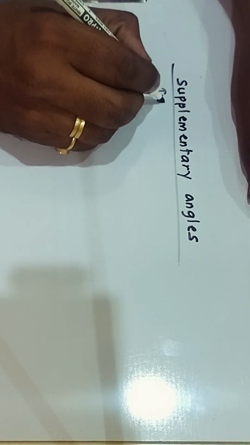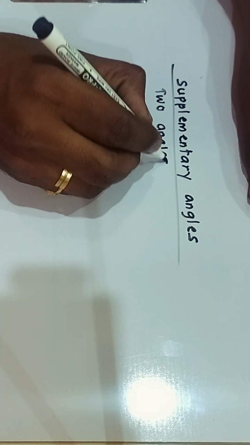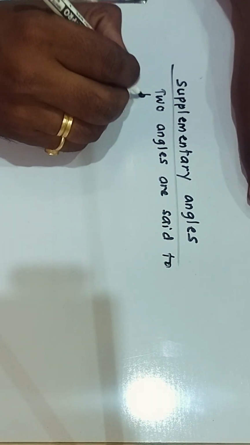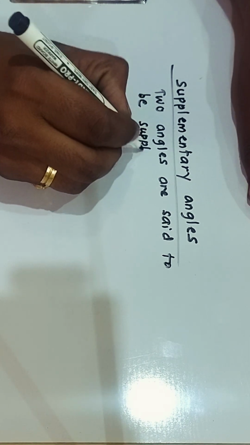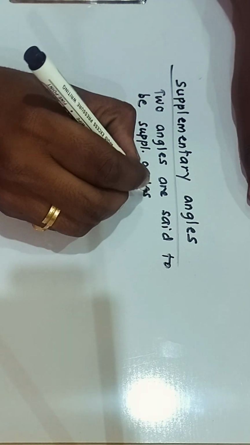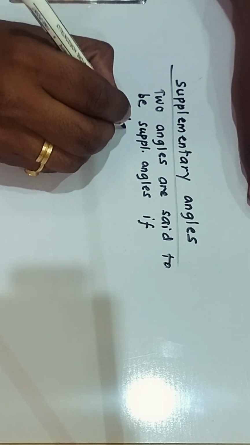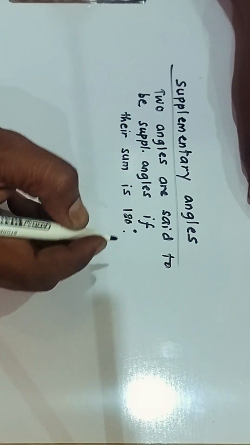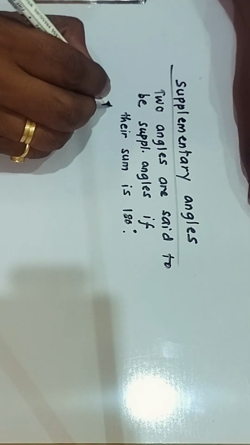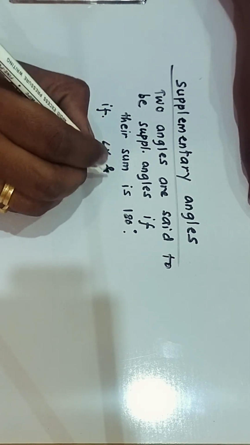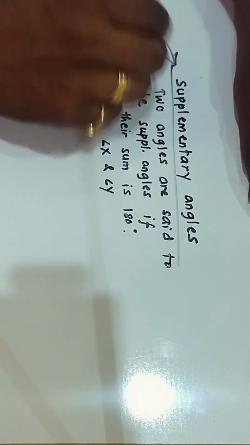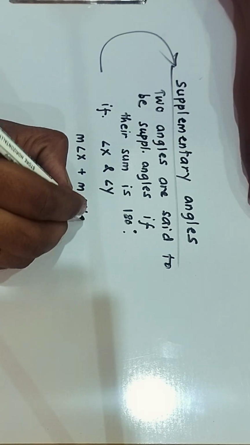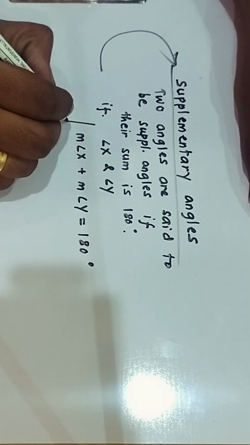Two angles are said to be supplementary angles if their sum is 180 degrees. That is, if angle X and angle Y are supplementary angles, then measure of angle X plus measure of angle Y is equal to 180 degrees.